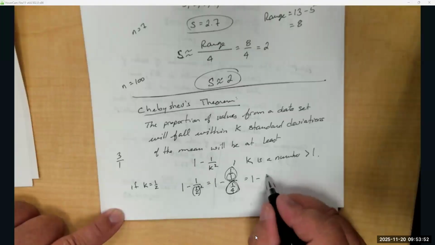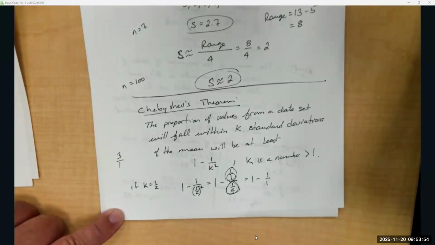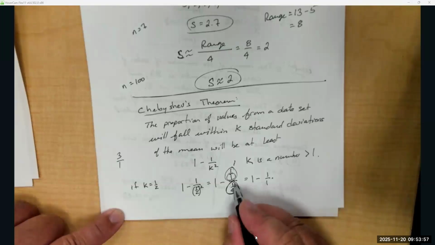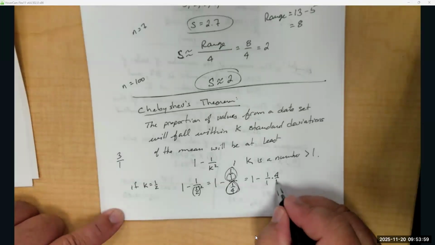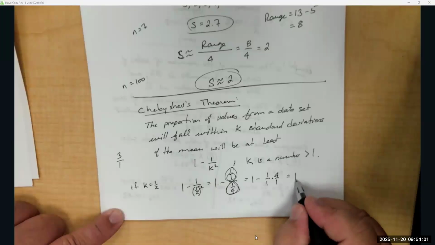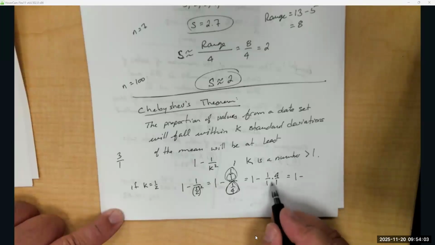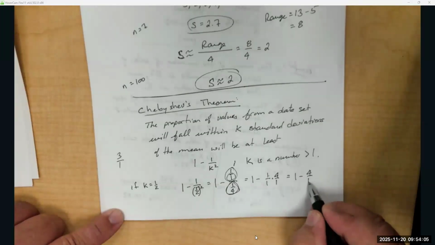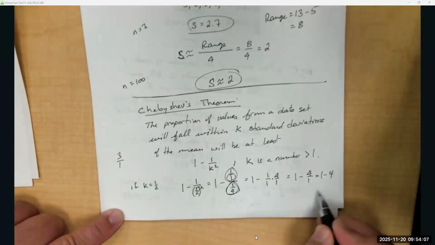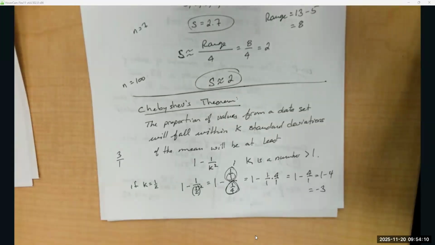Take the top fraction, leave it alone. Flip the bottom and multiply it together. So nothing cancels. 1 times 4 is 4 over 1, which is 1 minus 4, which makes it negative 3.